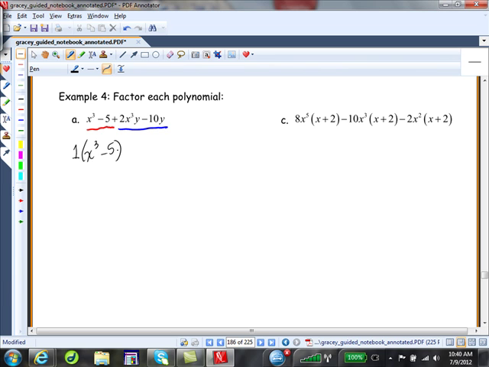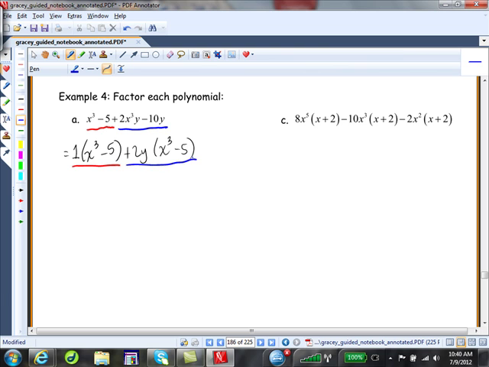That was my red group. The blue group, I could factor out a 2 and a y, 2y. And then I'm left with, oh, it might work, x cubed minus 5. Wow, that's surprising. I wasn't expecting that one to work out.